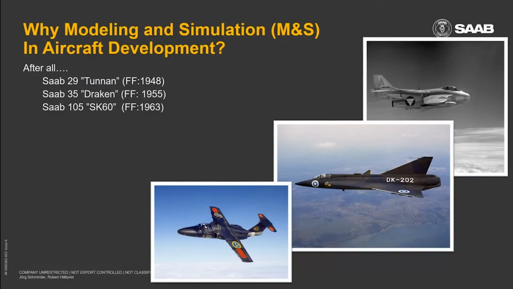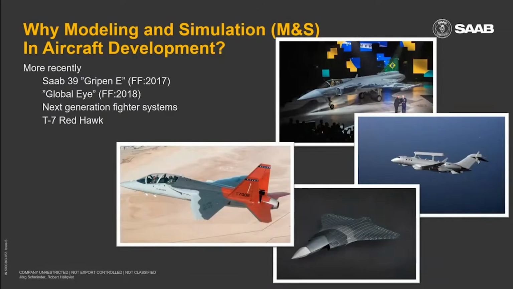Yeah, so all of these aircraft were undoubtedly very successful in their time. And even though at our department we usually brag about having used modeling and simulation since the 60s, we cannot claim that any of these aircraft were actually developed with extensive use of models in the loop. Today, however, we are working on different aircraft.